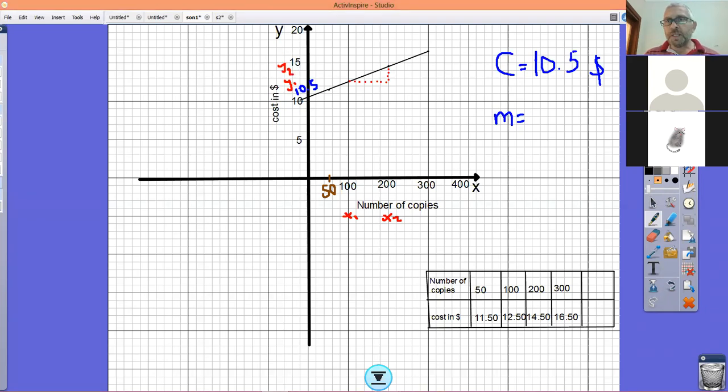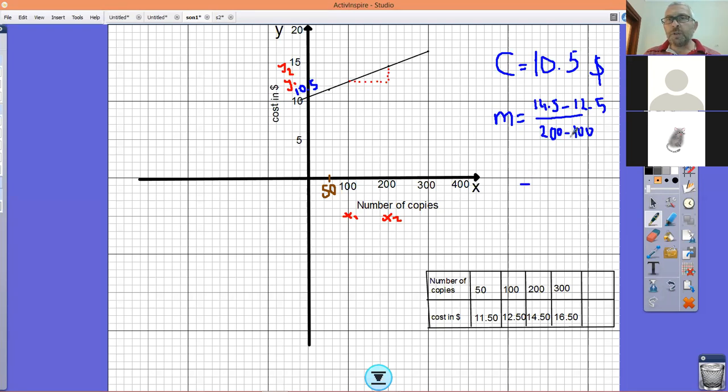Now let's find the gradient. M is equal to, up we have what? 14.5 minus 12.5, and down 200 minus 100.